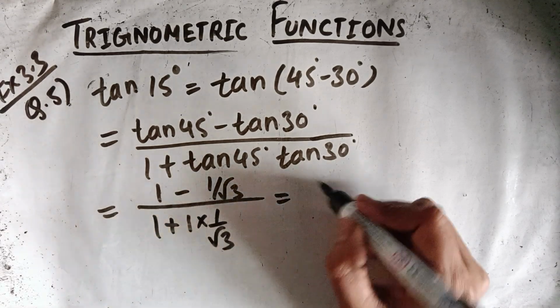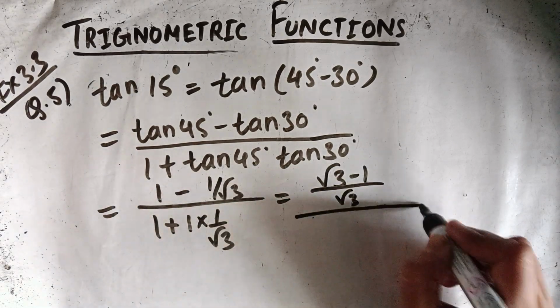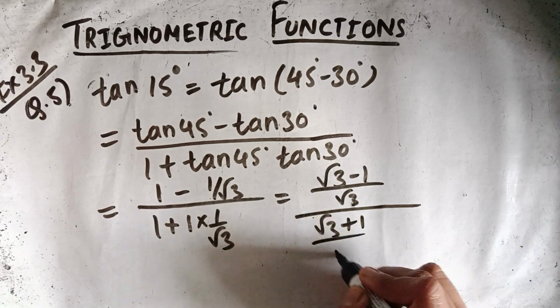So you will get root 3 minus 1 cross multiplying, 3 upon root 3 plus 1 upon root 3.